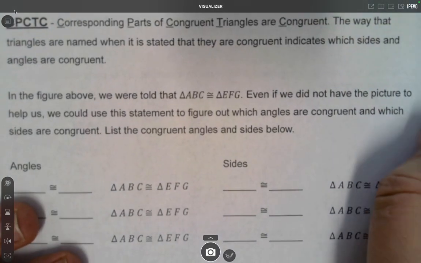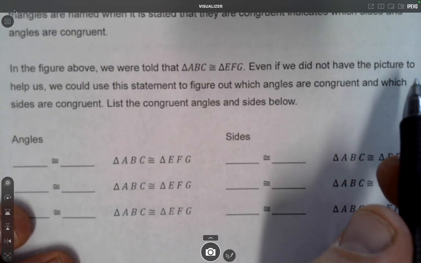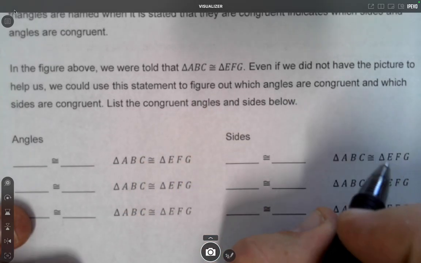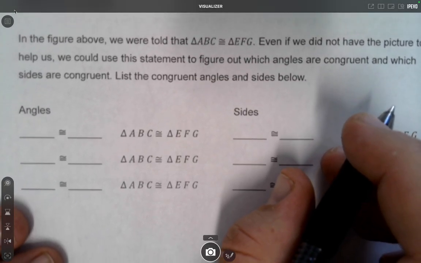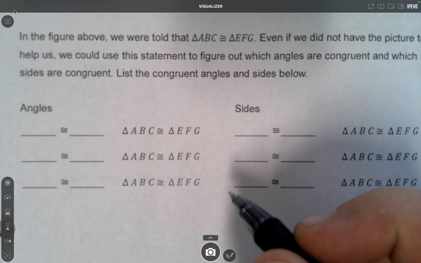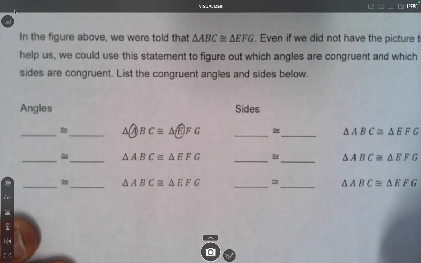So we'll look at that more as we look down. Even if they had not given us the picture, we could have just looked at the statement to figure out which angles are congruent and which sides are congruent. Whatever's listed first in this triangle has to be congruent to what's listed first in this triangle.